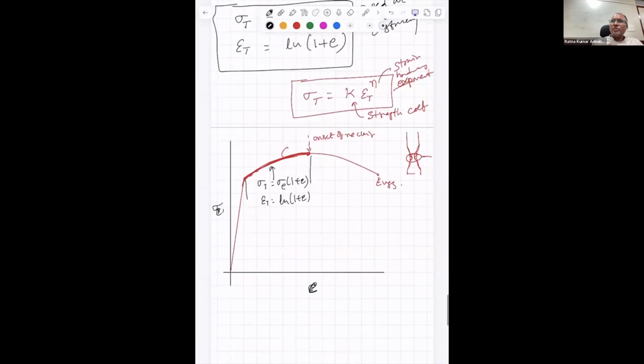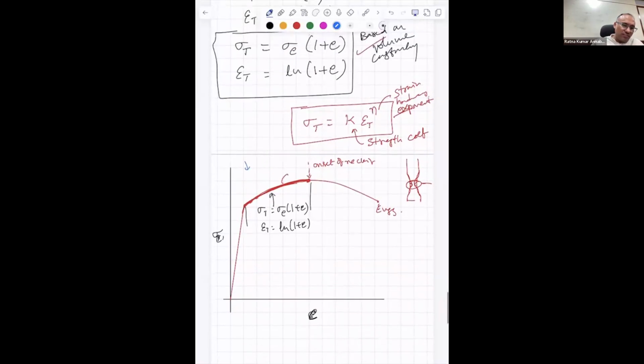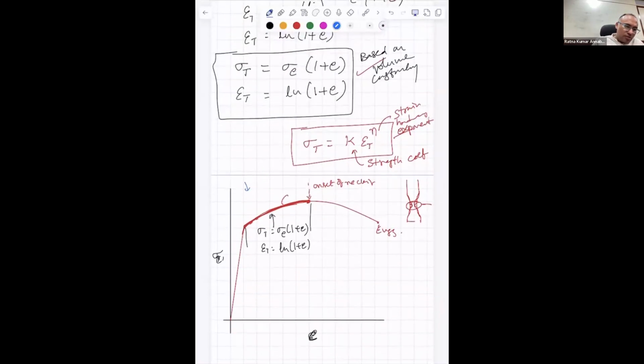Now if you plot the true stress strain curve on this graph, how does it look? The true stress is nothing but load divided by instantaneous cross-sectional area.